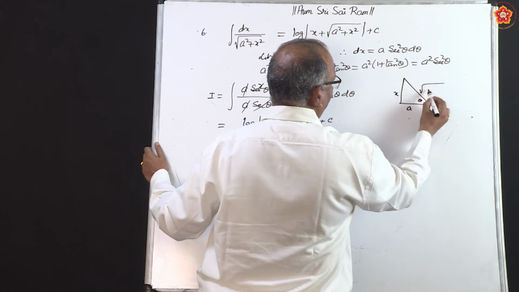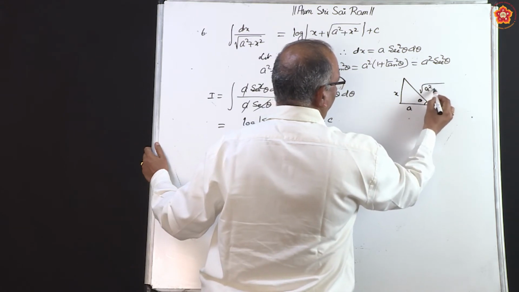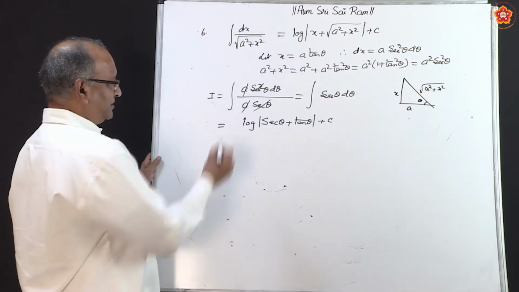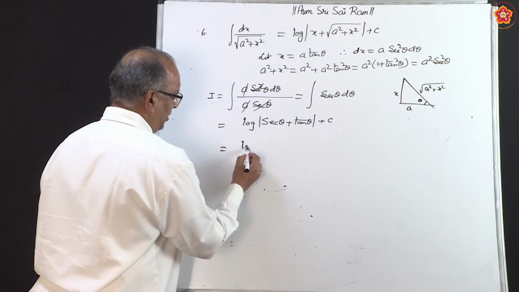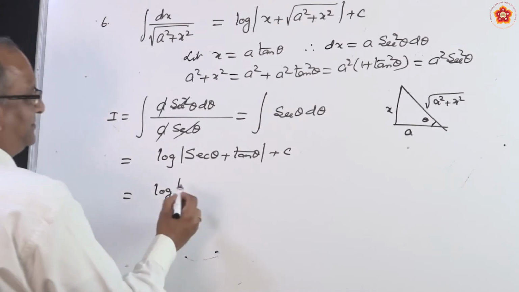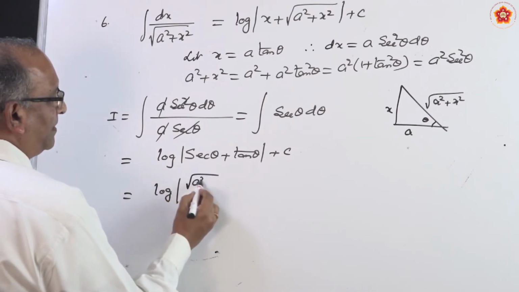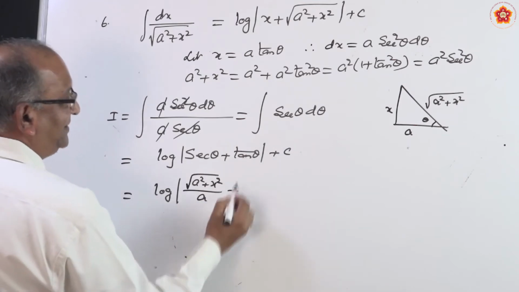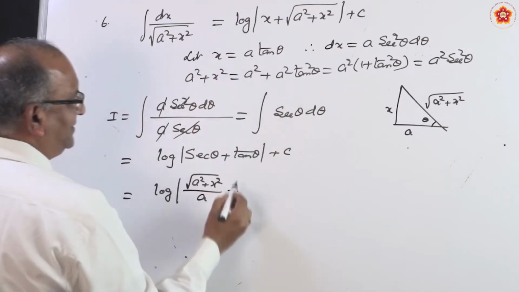So, automatically this will become a square plus x square or x square plus a square. Both are correct. Substitute back. Log sec theta. From that diagram, find out what is sec theta. Hypotenuse by base plus tan theta. You already know tan theta is x by a.